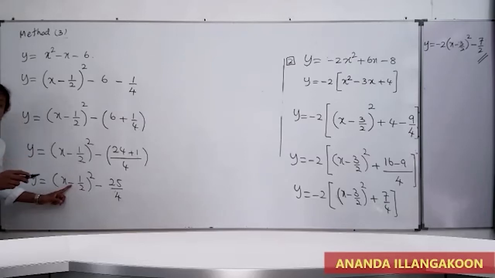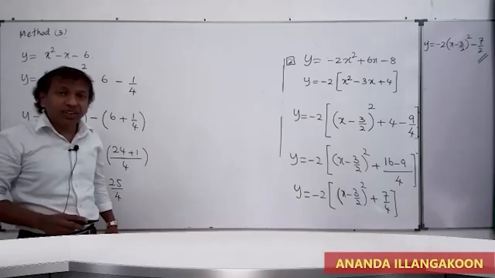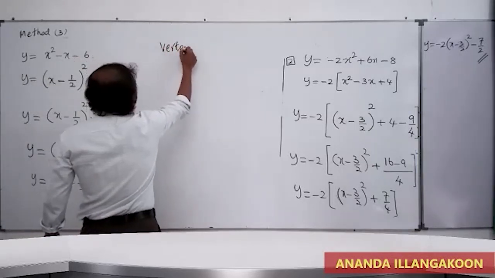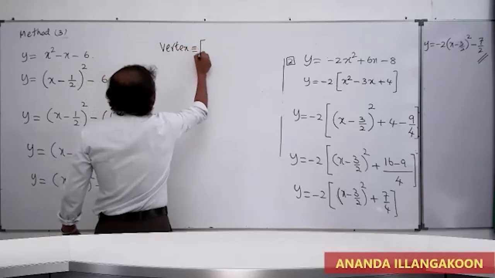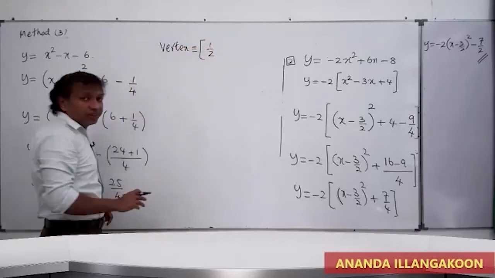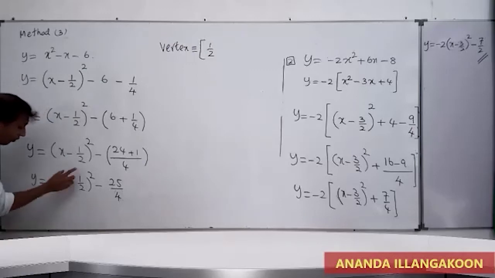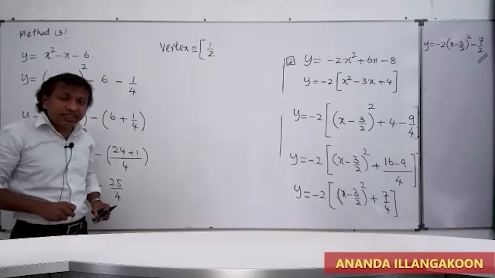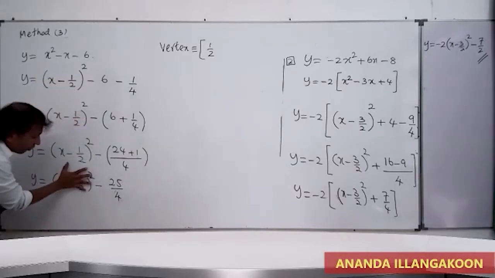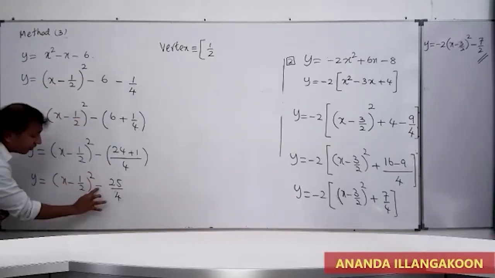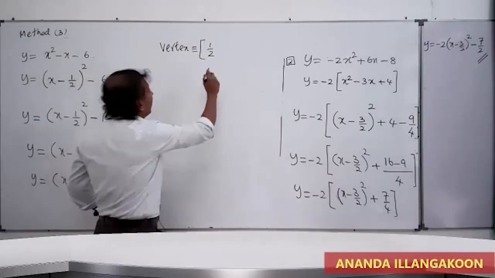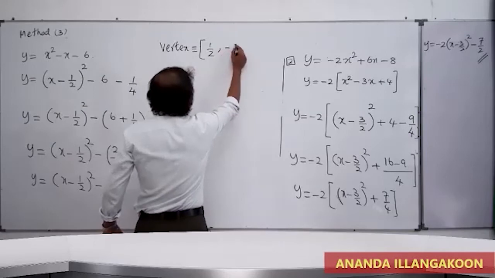Then we get what, people? Plus 1/2. That plus 1/2 is the x coordinate of the vertex. So therefore, the vertex you can write as plus 1/2. Change the sign to the opposite and take this number. What is the y coordinate? People, soon after this perfect square, with the sign, take this figure. That is the y coordinate. What is that? Minus 25/4.